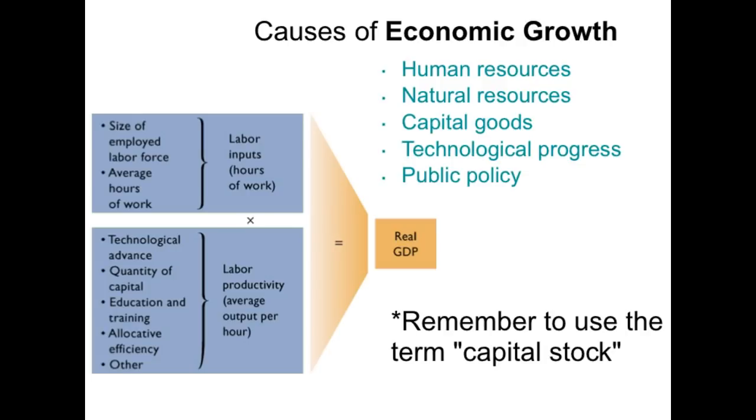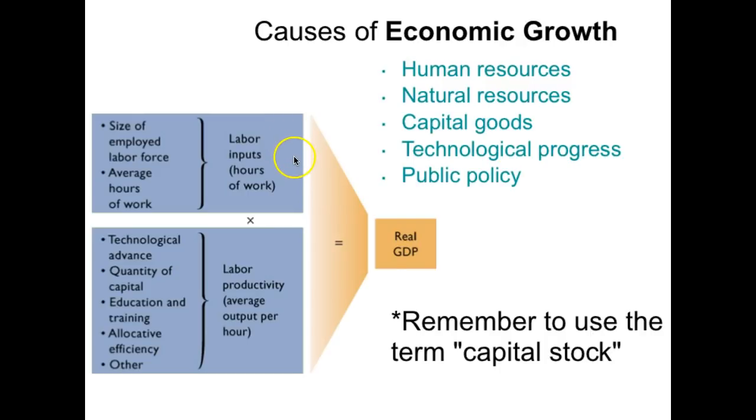So how do we do that? How can we bring about an increase in our capacity? Well, we can do it by adding any of these things. So human resources. We can do that by adding human capital, by better educating our workers, or in general, by adding workers.